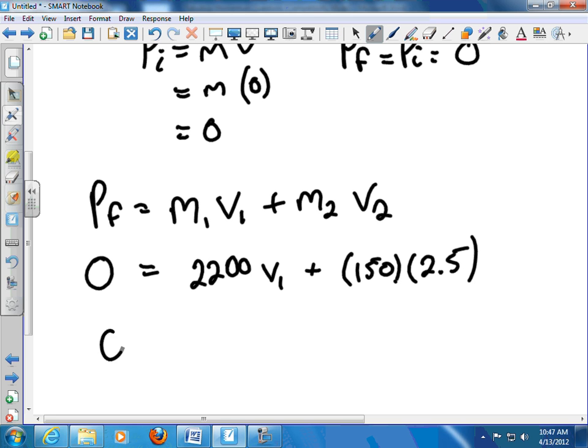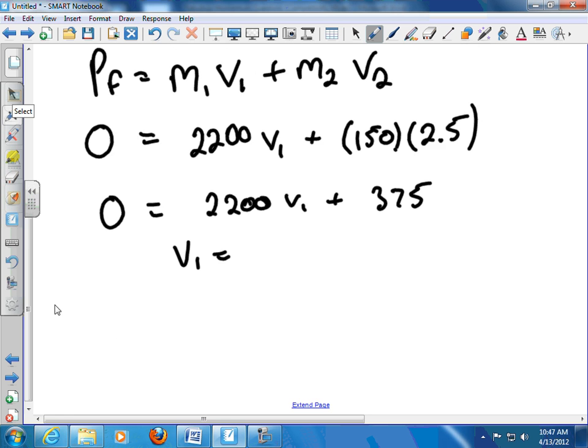So 0 equals 2,200 V1 plus 375. And our velocity of our spaceship is then negative 0.17 meters per second.